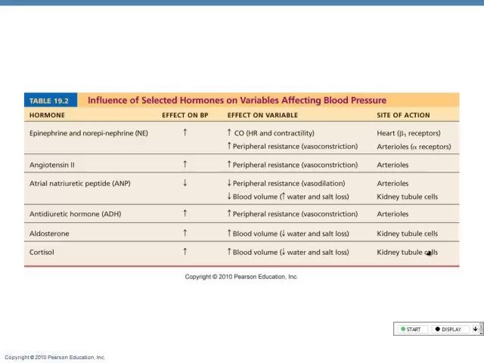Volume, exactly. A really quick way for me to increase pressure in the system is to add more water back into it. And the kidney's job is to filter wastes from blood plasma. But another major role of the kidney is to also maintain water balance.